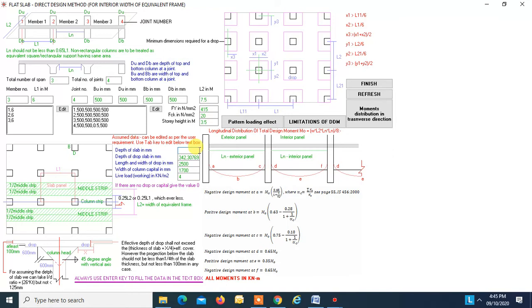Depth of drop we have taken as 350. Length and width of drop we have taken is 3000. There are no capitals, so 0. And the live load is 5. Working load, so we'll take 5.